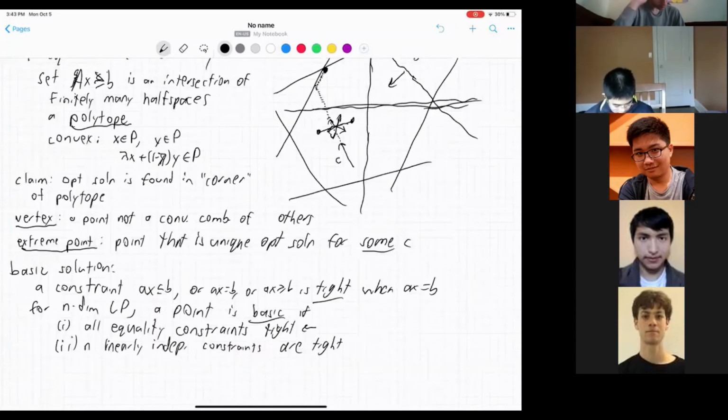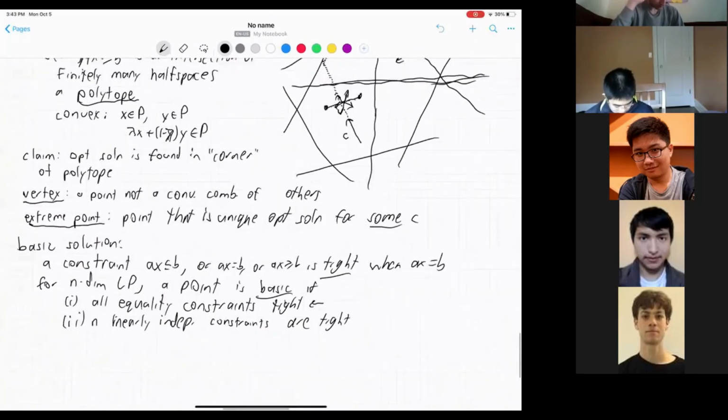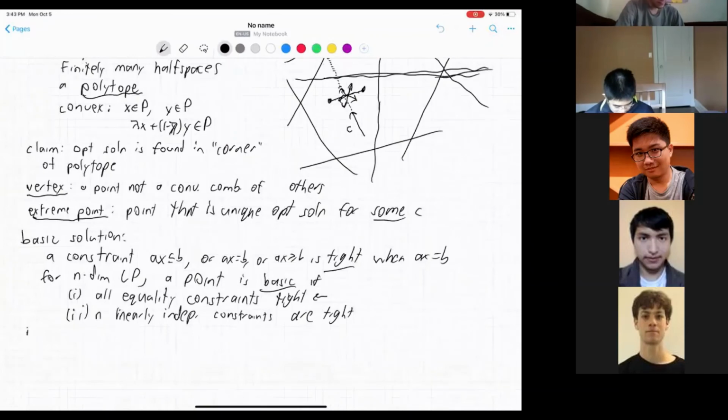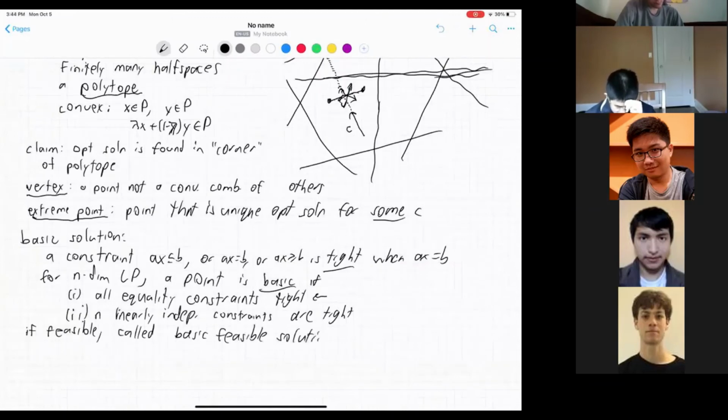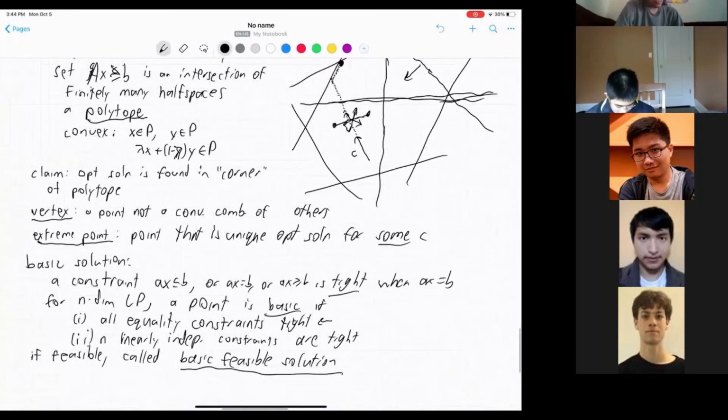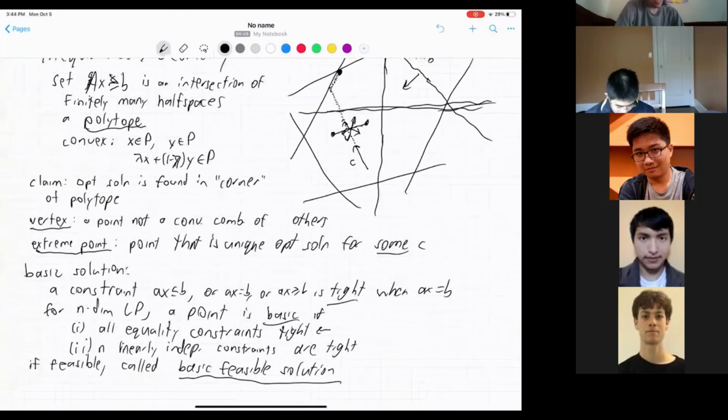Okay. And if this basic solution is feasible, then it's called a basic feasible solution. So now we have three different notions of where we're going to find optima.